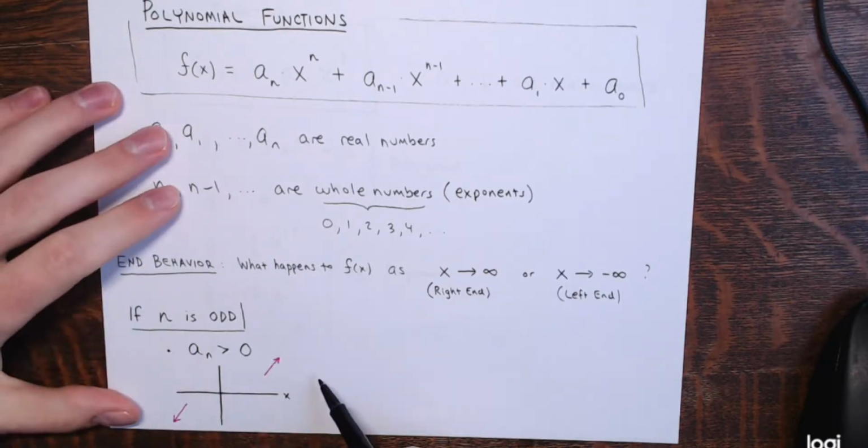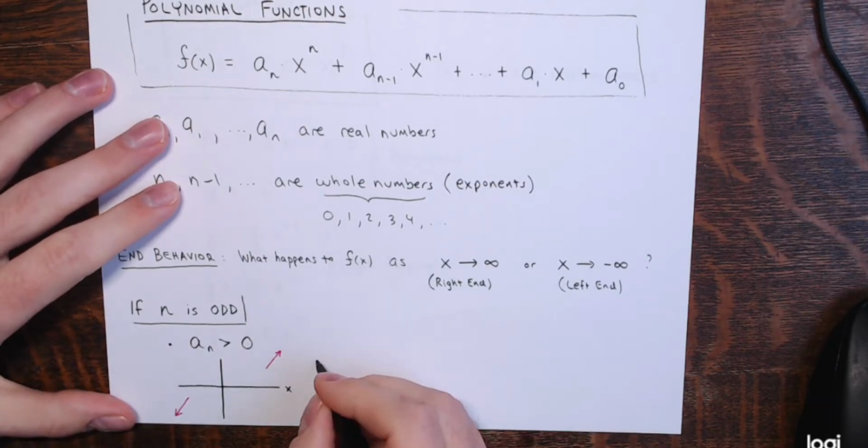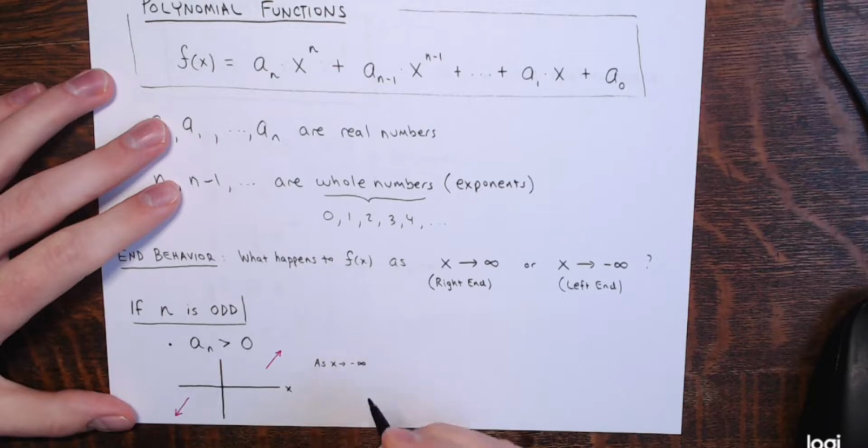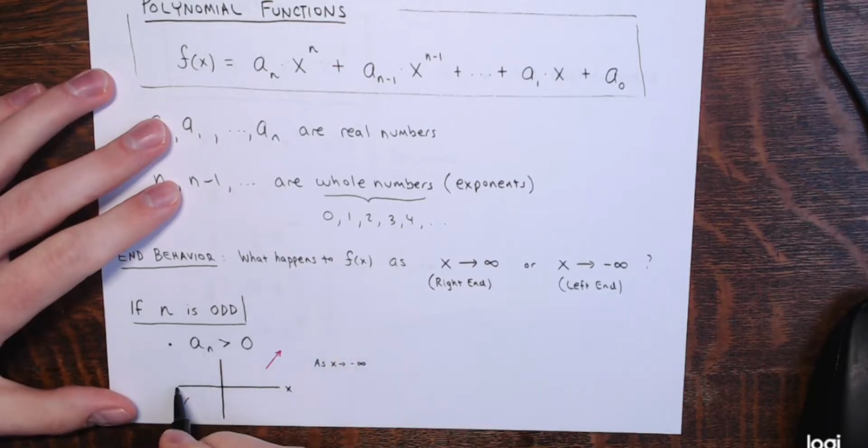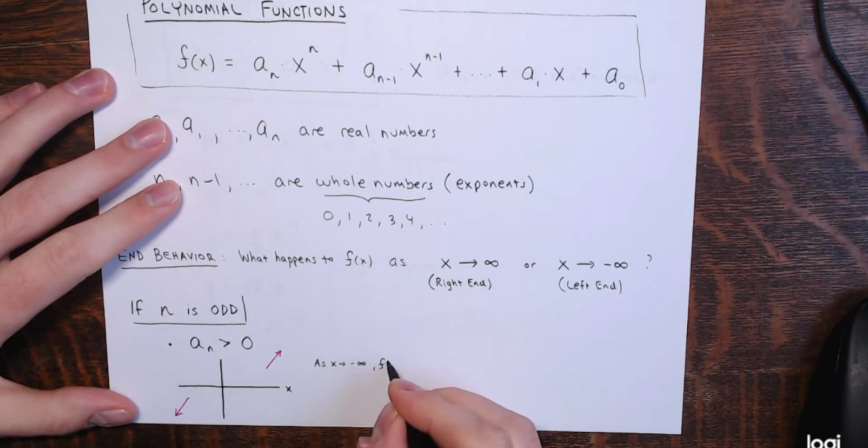The way we describe this is, as x approaches negative infinity, going to the left forever, f of x is going to negative infinity. The output's going down.